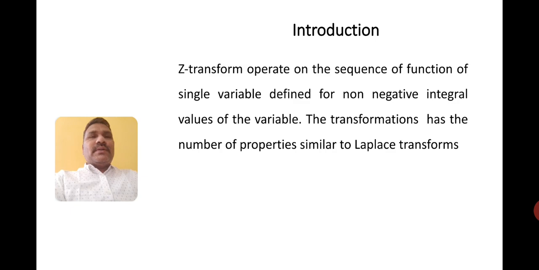As we know, Fourier transform is applied for continuous functions. When Fourier transform fails, then we think of Laplace transform. Laplace transform is also applied on continuous functions. Now the question comes: when are we going to use the Z transform? It is applied for discrete functions.